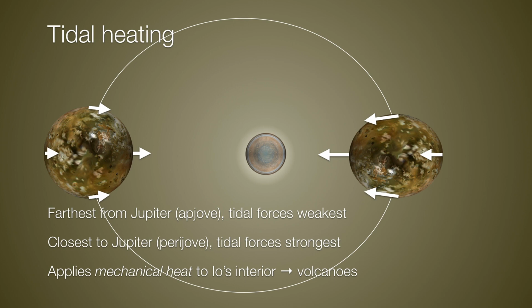So as Io is being squeezed and relaxed and squeezed and relaxed, that keeps its interior agitated, thus producing the volcanoes. However, there's just one other question. Why is Io's orbit elliptical? After all, under these tidal forces, Io's orbit should have been circularized by Jupiter a long time ago, and therefore there wouldn't have to be any tidal heating.